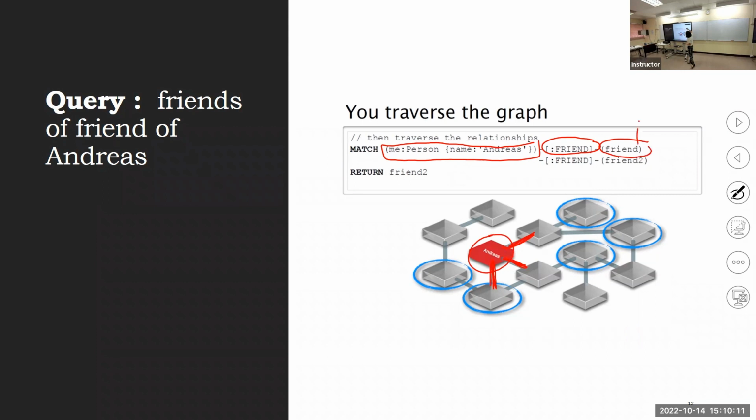And this is a kind of variable. So we follow the relationship friend to another friend, a variable friend, and that variable friend must have another friend too. So we are finding a friend of a friend, a friend of a friend of Andreas.